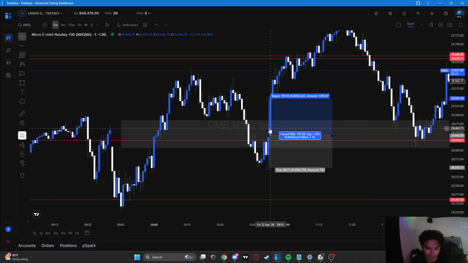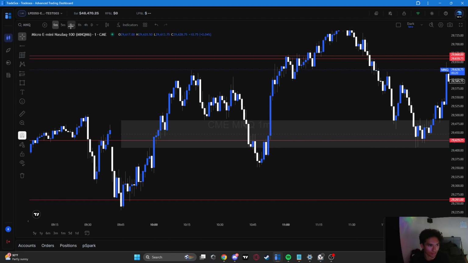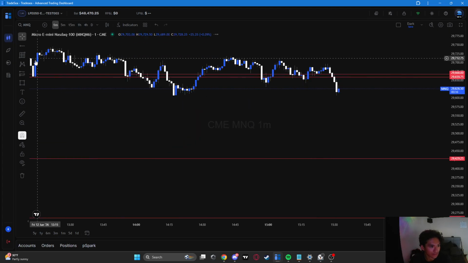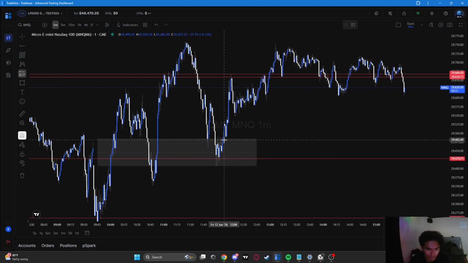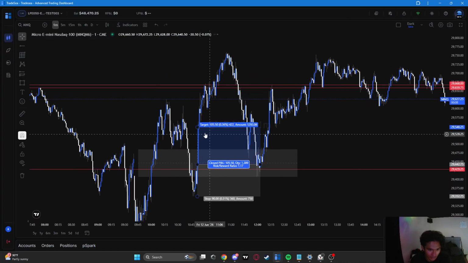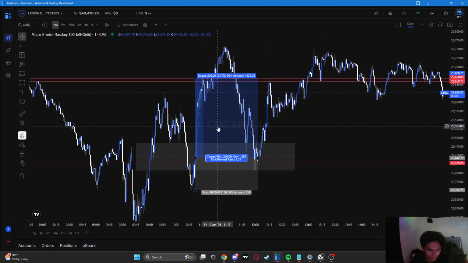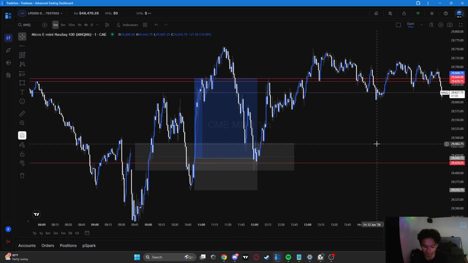Thought this was the candle that broke structure. I must have missed this. But yeah, that was pretty much it. That would have been the setup. That would have been it. Unfortunately, did not catch that, and was trying to stay kind of away from this price action here. But yeah, that would have been it. That would have been the trade.